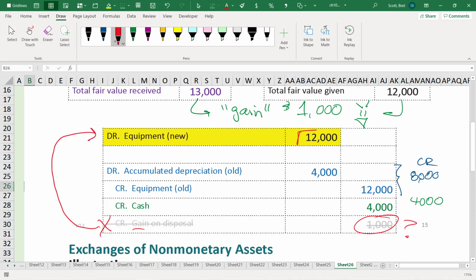We net it inside this $12,000 cost basis of equipment. In other words, we acknowledge that there's $13,000 of value received, but I'm deferring the gain. I'm deferring this $1,000 gain. I'm taking that out so that I only show a cost basis of $12,000. And that's what the FASB views as fair in a transaction that lacks commercial substance.